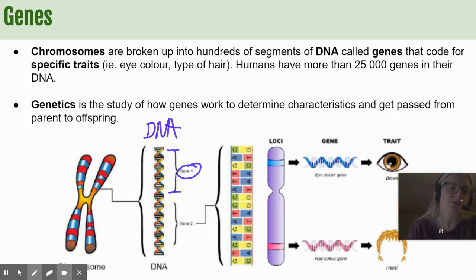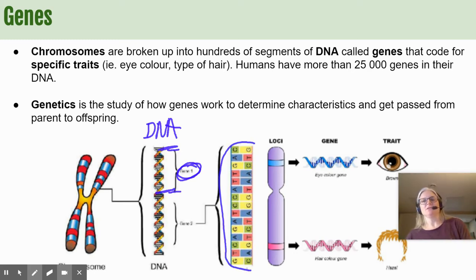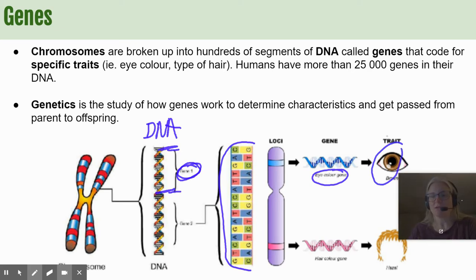Okay, so a certain section of DNA here will code for a gene. And let's say this gene looks like this. We'll talk more about the DNA structure and those letters later. But the gene might code for an eye color, right? So it might be for brown eyes, or hair color, like blonde or brown hair color.